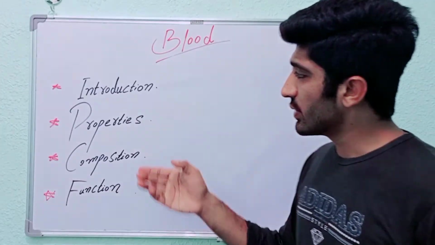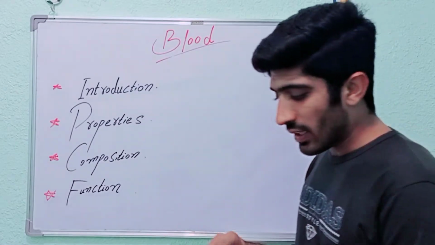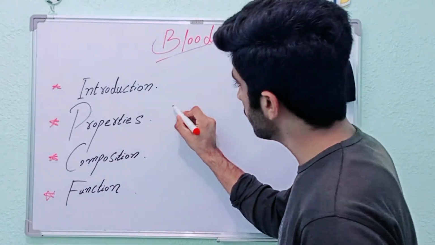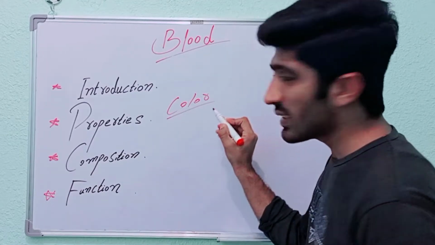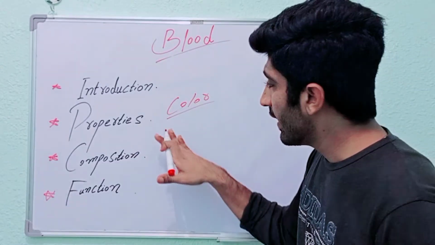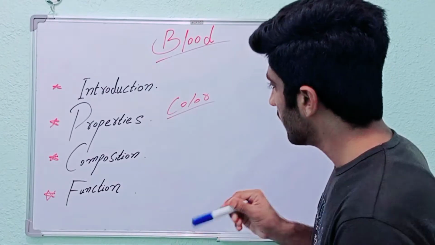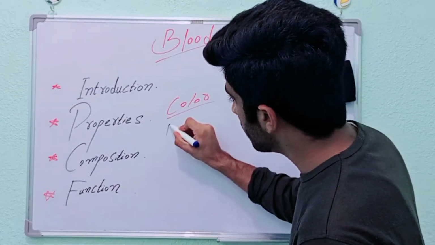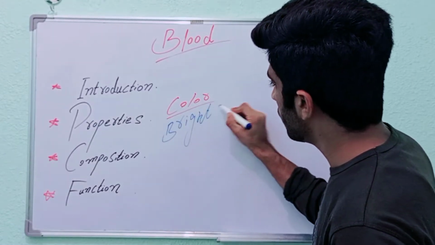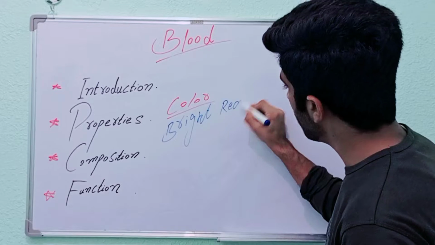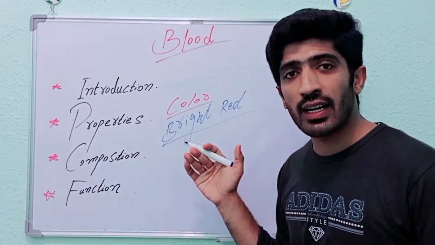Students, after that we have to discuss properties. If we talk about the color of blood, the color of blood in arteries is bright red, scarlet red, because a lot of oxygen is present in arteries.